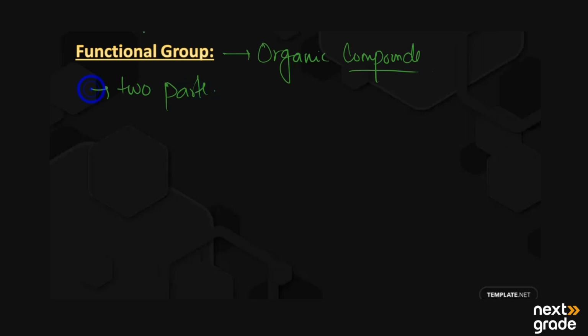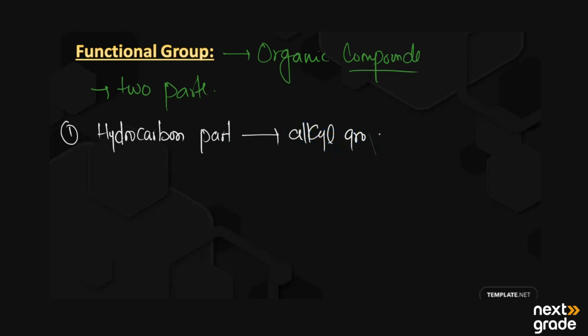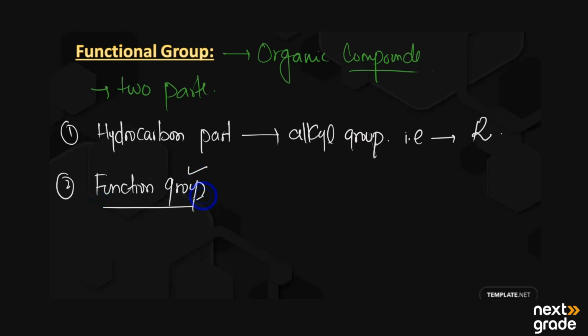The first one is the hydrocarbon part, which is known as the alkyl group, denoted by R, and the second part is the functional group that we need to identify.